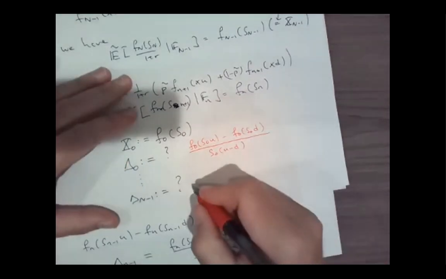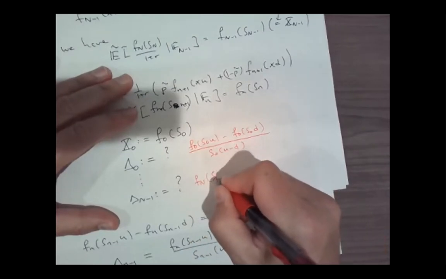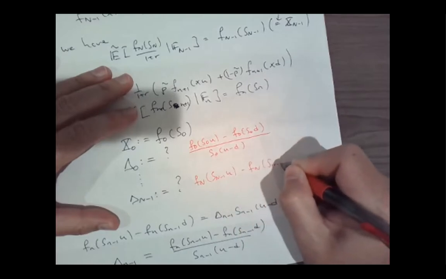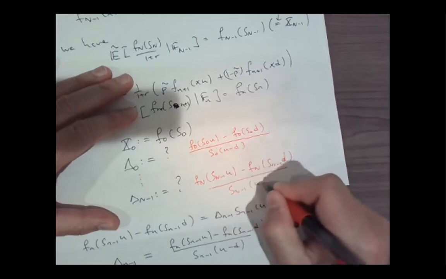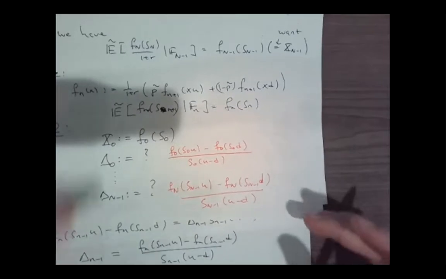And I can go all the way up. This here is my fn of Sn minus 1 u minus fn of Sn minus 1 d divided by Sn minus 1 times u minus d. So I have all my formulas.